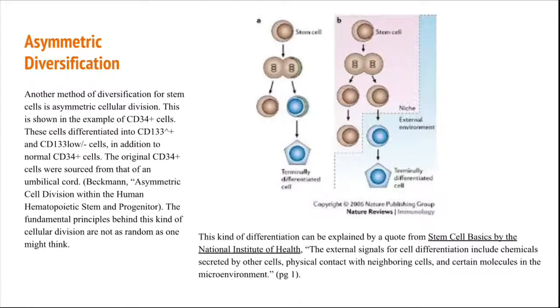Now, the way the stem cells diversify is through asymmetric diversification. This is where the stem cell, instead of dividing and becoming two of the same cell, divides and becomes two cells where one has a different makeup from the other.